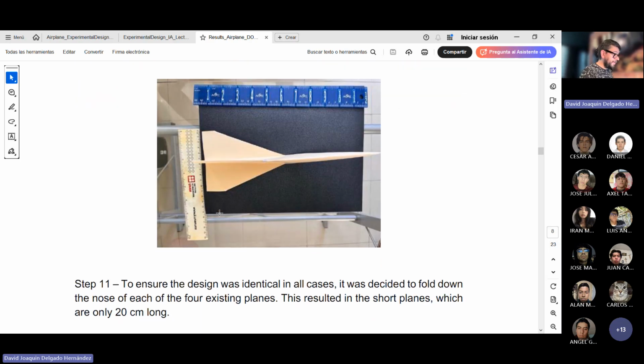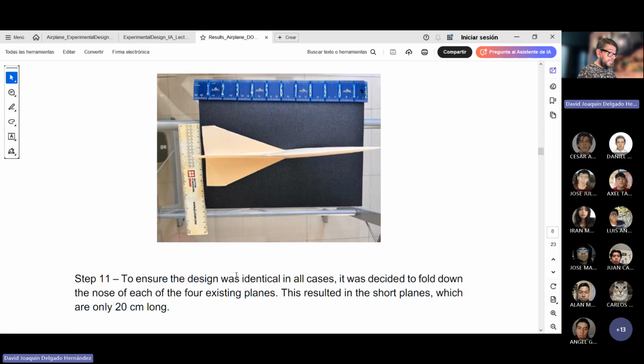So at the very end, to ensure that the design was identical in all cases, it was decided to fold down the nose of each of the four existing planes, and this resulted in the short planes, which are only 20 centimeters. All of the planes that I have shown you so far are 30 centimeters long. What I did was just to fold the nose in order to shorten it to 20 centimeters.